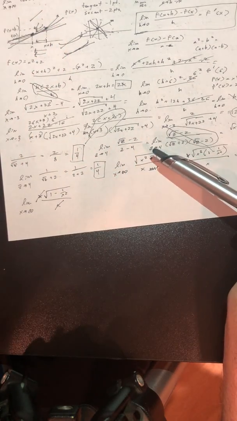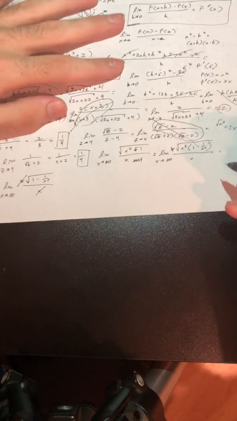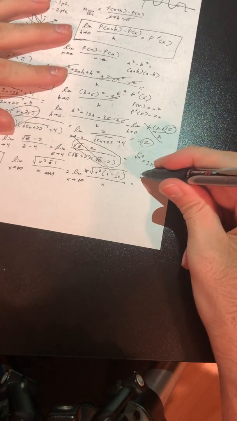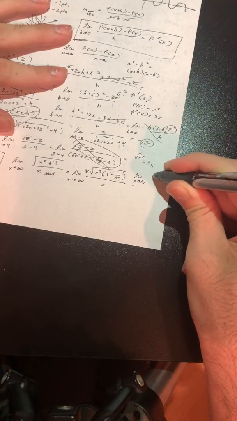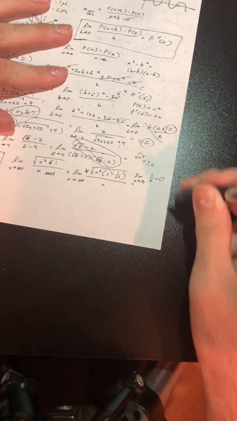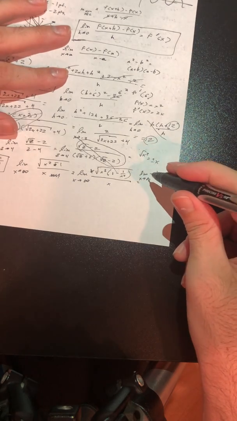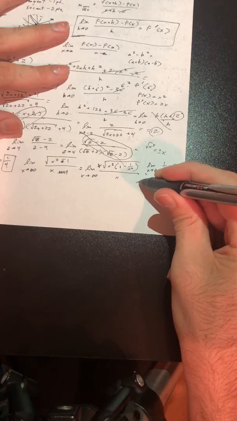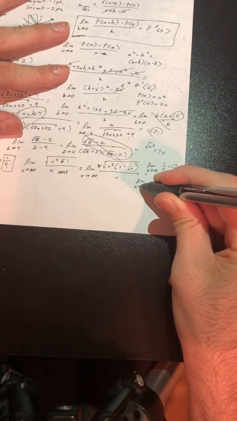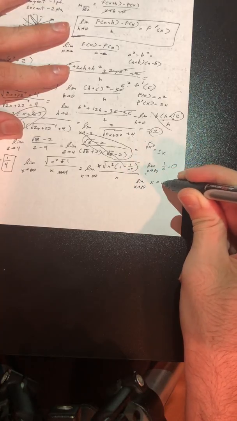The idea, basically, in essence, is that the limit as x approaches infinity of 1 over x is equal to 0. 1 over a really, really big number is 0, basically. But the limit as x approaches infinity of, say, x, well, that's infinity.